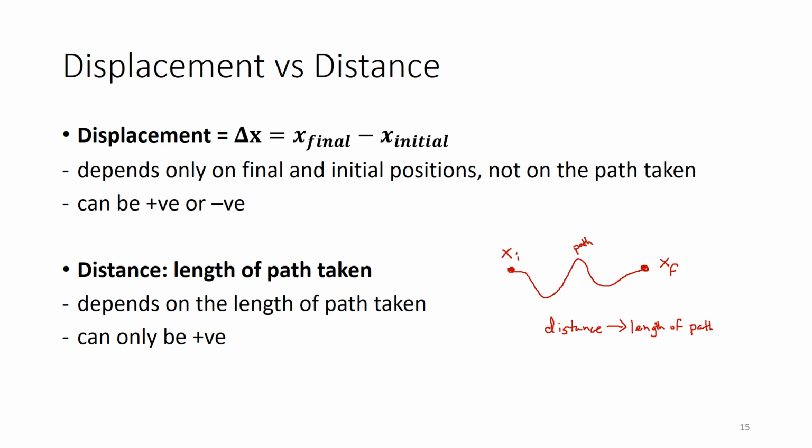However, displacement is just the straight line distance from x initial to final. So displacement is just x final minus x initial. Okay, it doesn't matter what path you take to go from initial to final. What matters is your final position and the initial position, and you can subtract them to get the displacement.